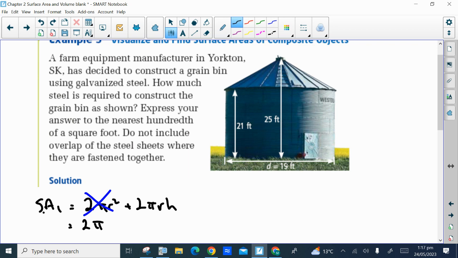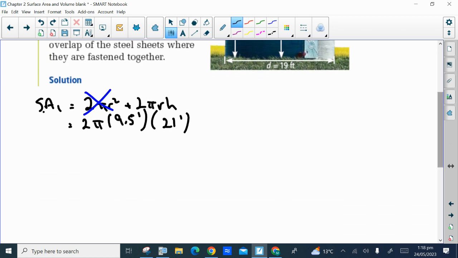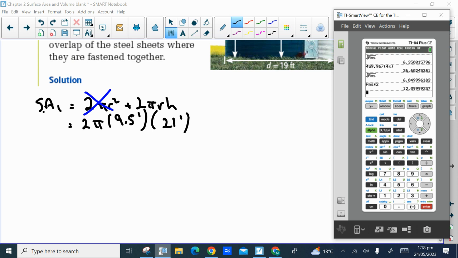So the d, the diameter, is 19 feet. So r, the radius, would be half of that. That would be 9.5 feet. Times h, the height of the cylinder, is 21 feet. So we're going to multiply 2 times pi times 9.5 times 21.